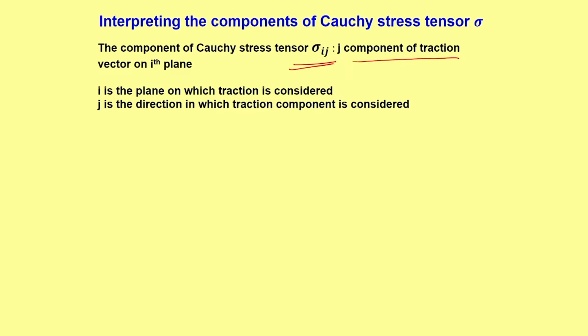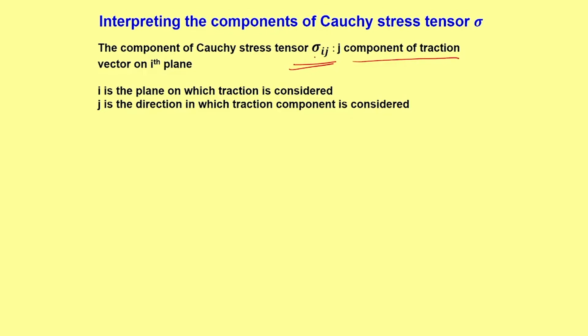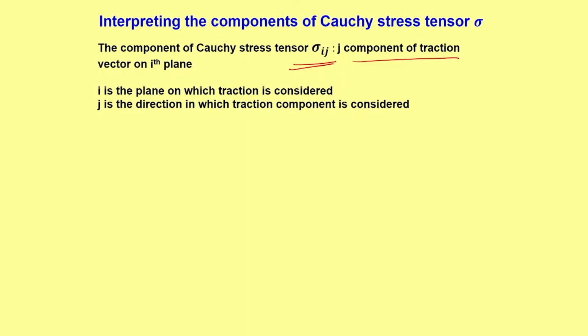It can be x, it can be y, it can be z. So, it is the j component of traction vector acting on ith plane. So, first index i, it shows which plane it is associated with, which plane means which is the normal, and j is the direction of that component, direction of the component of traction vector. So, i is the plane on which traction is considered, j is the direction in which the traction component is considered.